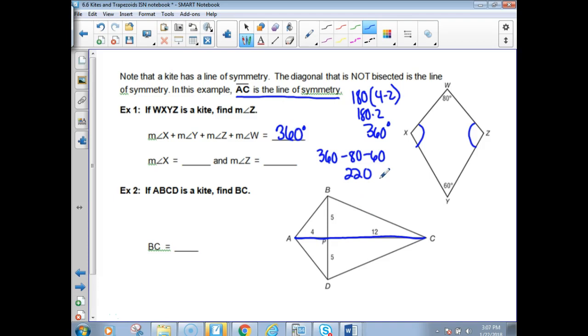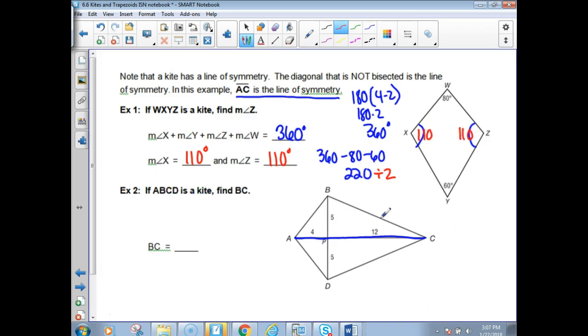Well, we got to divide that by 2 because angle X and Z can't possibly be 220, and you need to split it into those two angles. So we divide that by 2 and get 110 apiece. All right, so those would be 110 each.